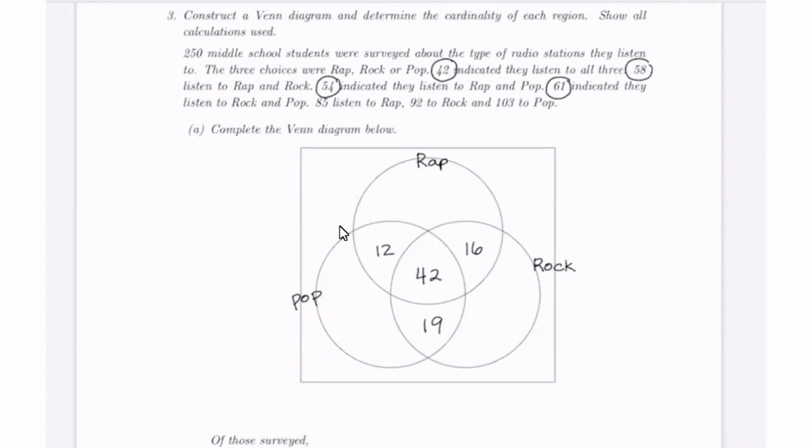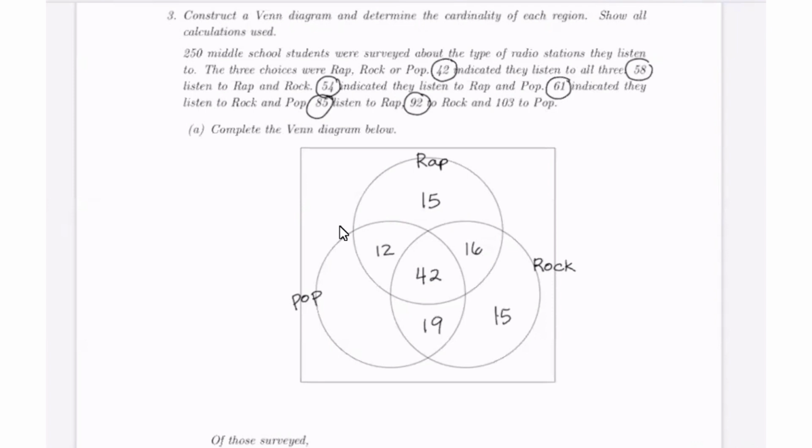All right. 85 listen to rap. So 85 is all this. That's 15. Okay. Thank you. 92 is rock. So how many goes here? Still 15?